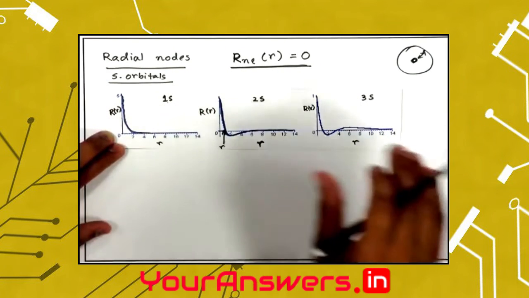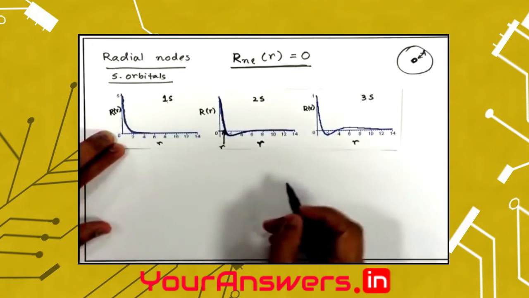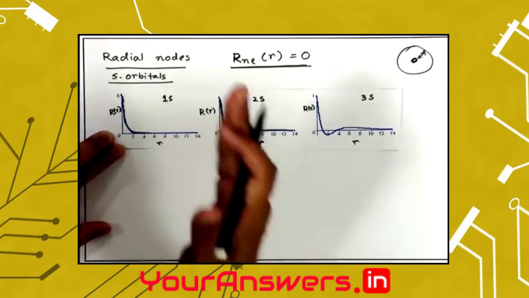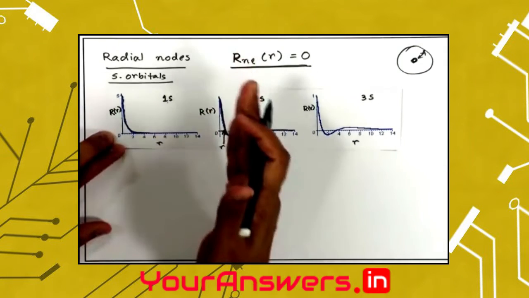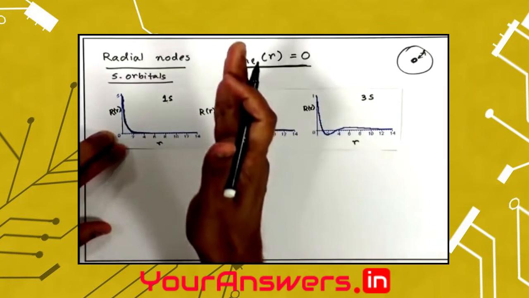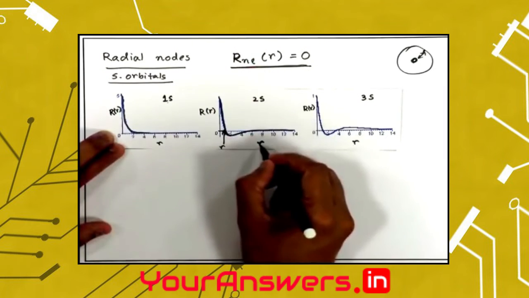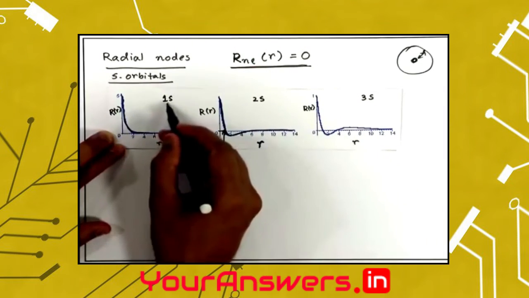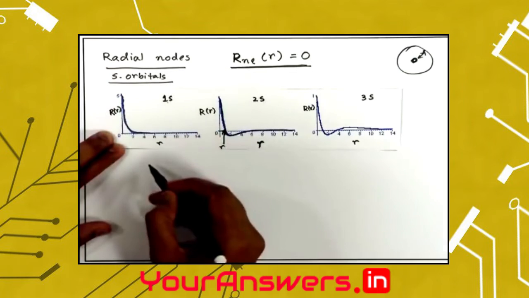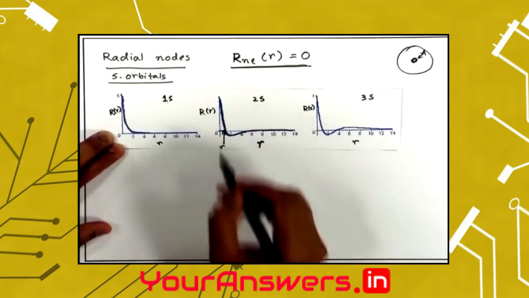Below that value of r and after that value of r, we get probability distribution. That means, at that value of r, there exists a node, and this node is a radial node. So, we saw in the 1s orbital there was no such radial node. In the 2s orbital we saw one radial node.